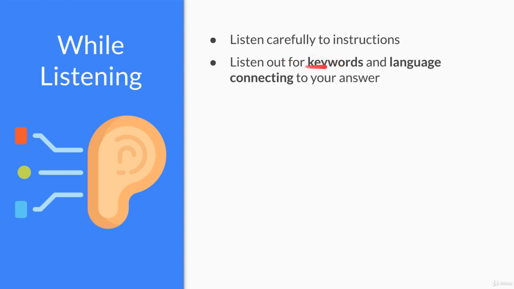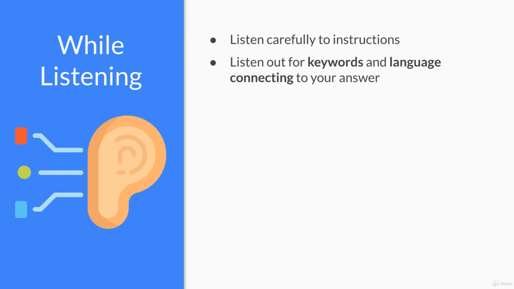Next, listen out for the keywords and the language that connects to your answers. So you marked the keywords in the previous step, in the prep time. Now you should be listening for those keywords. But here's the thing, I mentioned this before, most of the times your answers are not going to be presented with exact keywords. So, for example, if you marked the keyword plant, well, the audio tape may not use the same keyword.